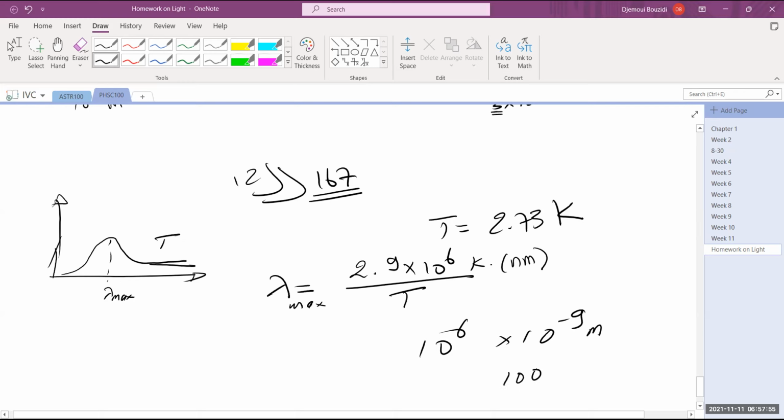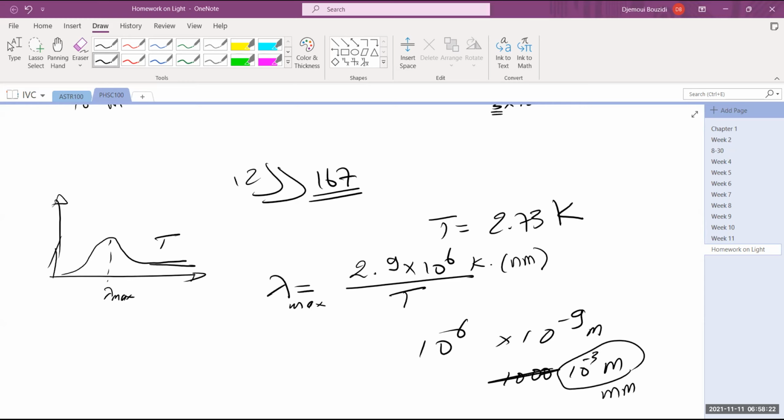So it's going to be about 10 to the negative 3 meters. In other words, it's of the order of a millimeter. So slightly more than a millimeter.